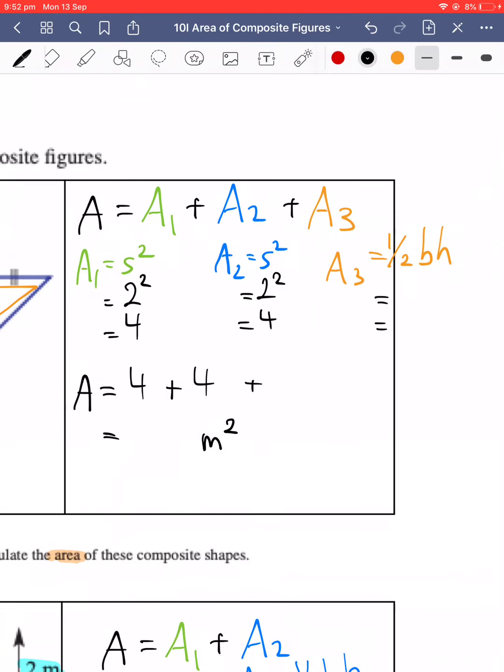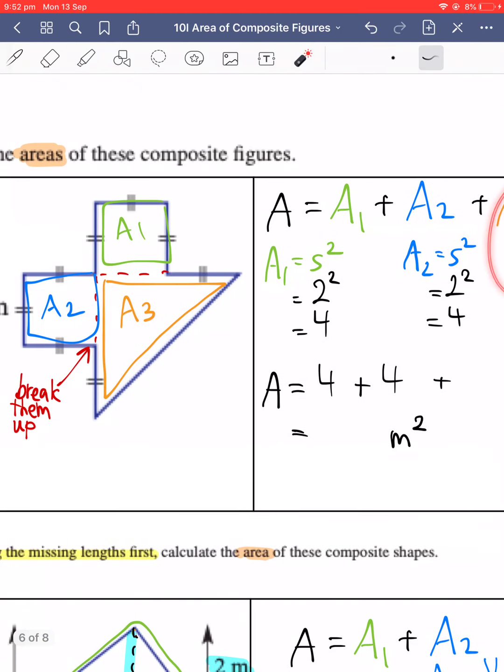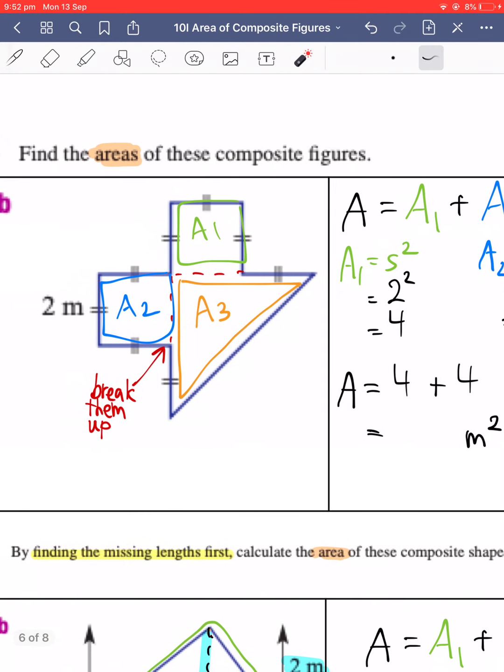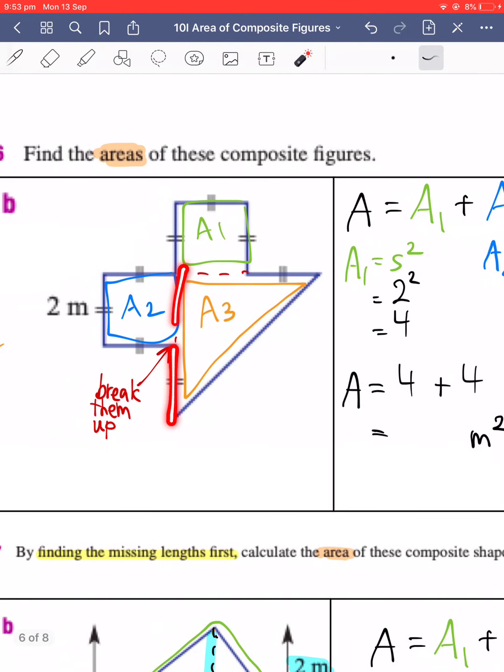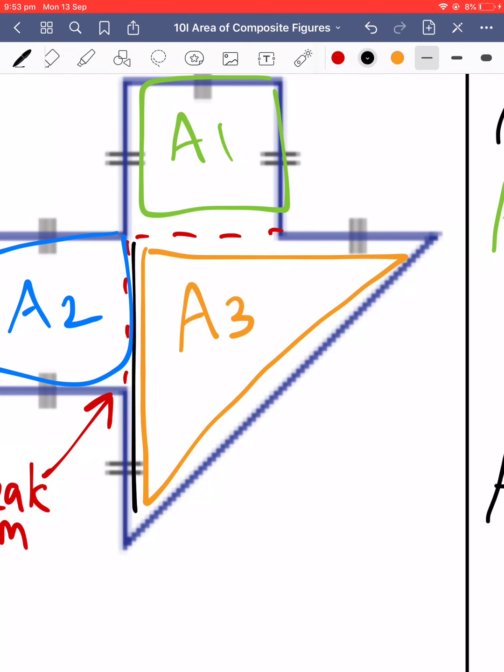Now I have to worry about my triangle. So my triangle here, I have this is 2 and this is 2. So I need to write in that this line here is actually 4 meters. I'm just going to redraw that just so it doesn't get too confusing. So this one here is 4 meters.